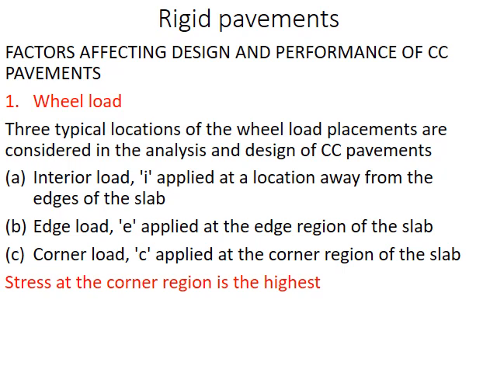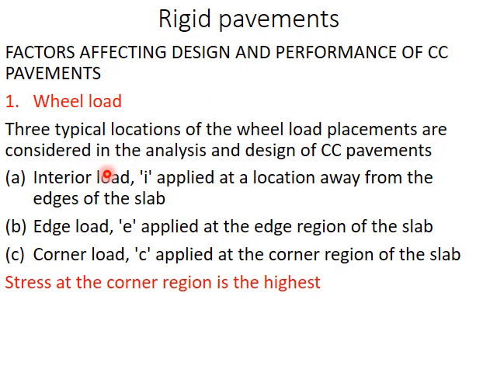In this slide you can see the factors affecting design and performance of cement concrete pavements. Earlier we have seen the different factors affecting design and performance of flexible pavements. Now we can see the factors affecting the design of rigid pavements. First one is wheel load. There are three locations on the rigid pavement or the cement concrete slab which have to be considered critically for the design.